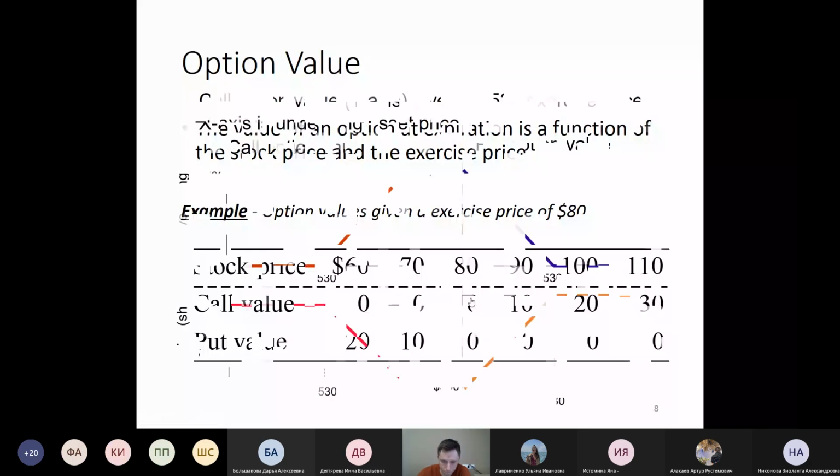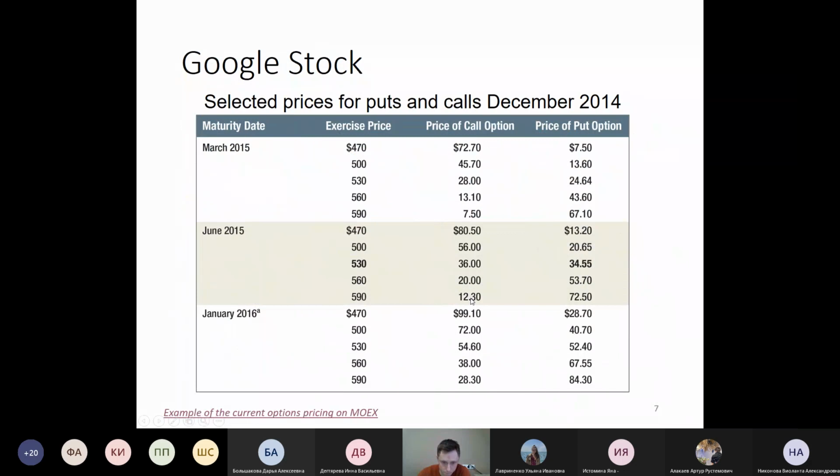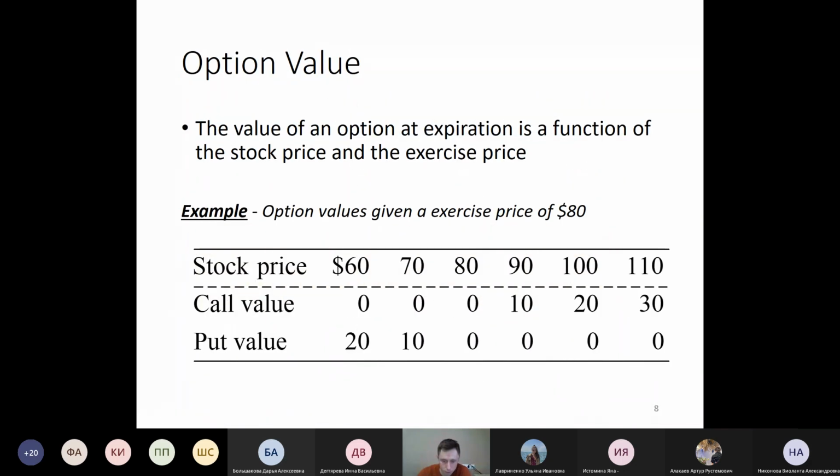Let's go back to the slides. Here again, the example of, as you saw it in reality, these tables are quite complex, but the main data there is the same.